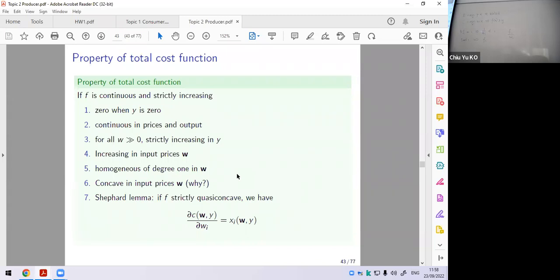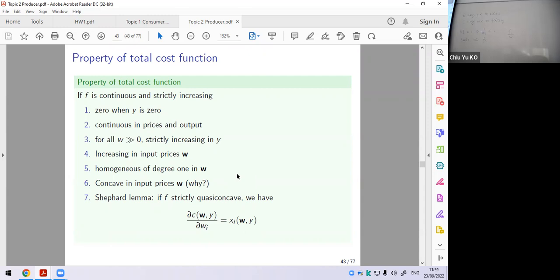Okay. The only thing that is less trivial is why it is concave in input prices. Okay. This is exactly what we explained at the very beginning of the class. Why is the expenditure concave?